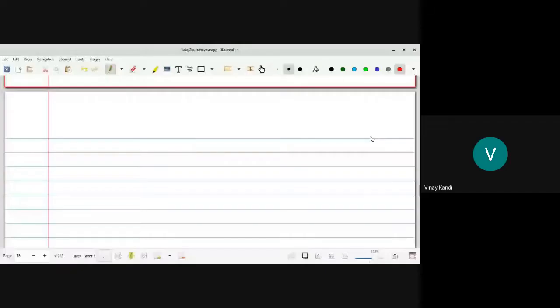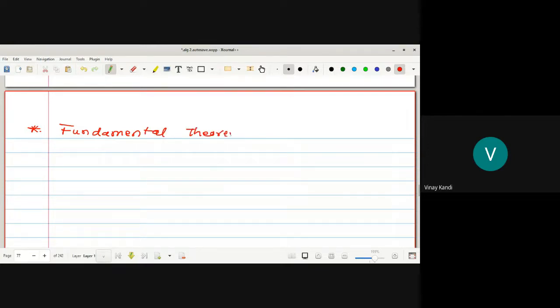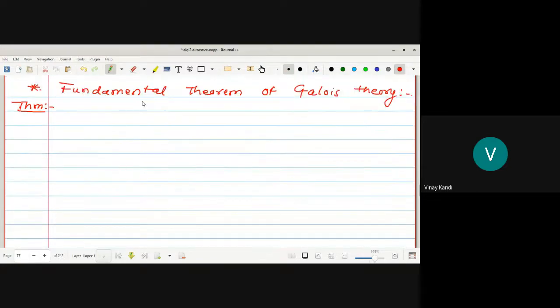Fundamental theorem of Galois theory. What is the name? Most important theorem. Fundamental theorem of Galois theory. Okay, look at the theorem. Fundamental theorem.